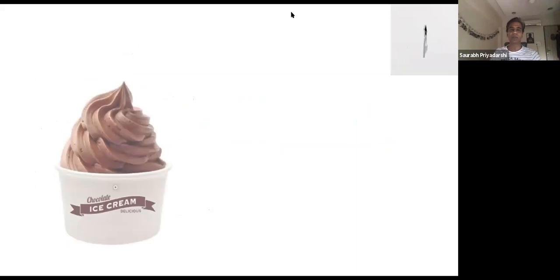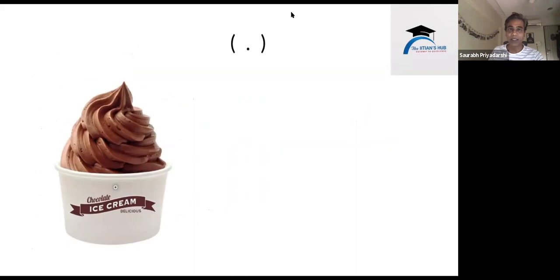We are starting with the ice cream with a cup. No, it's an open bracket only. What is the meaning of this open bracket? See, this ice cream is given right inside the cup, right?